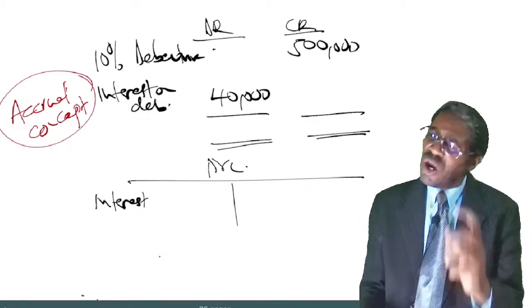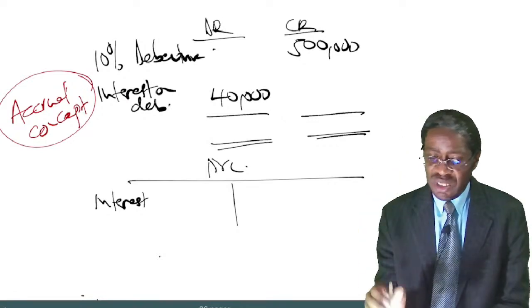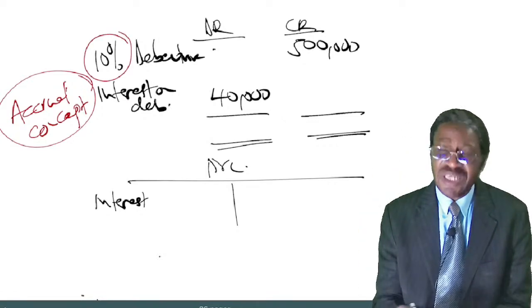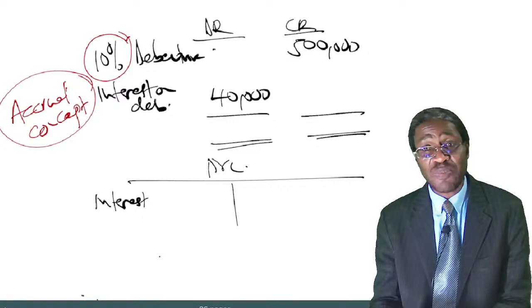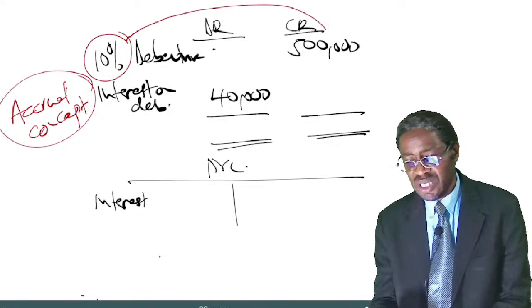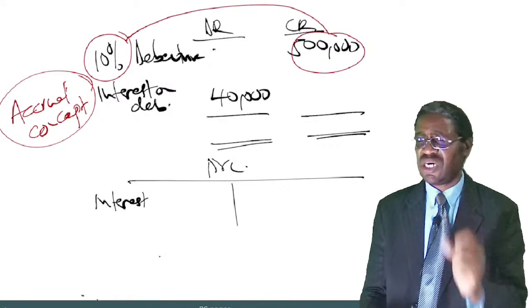So when you are preparing the income statement for this company, every year the company is supposed to pay their debenture holders interest at what percentage? 10%. 10% of 500, that comes to be 50,000.